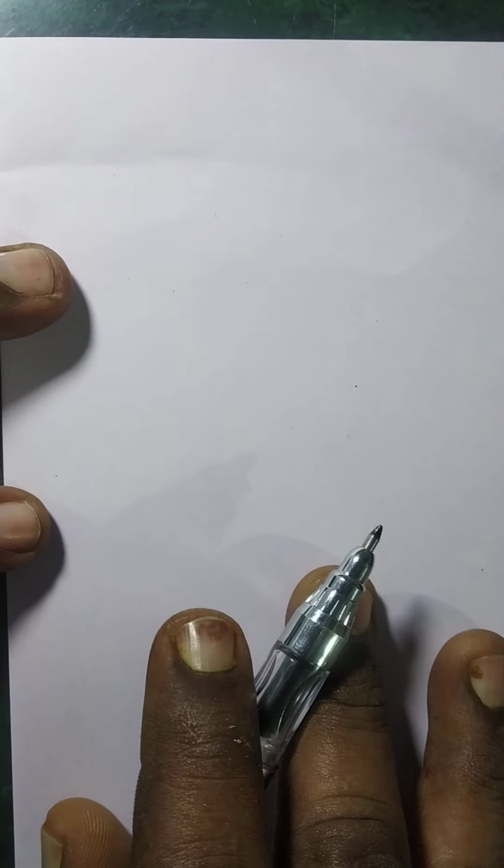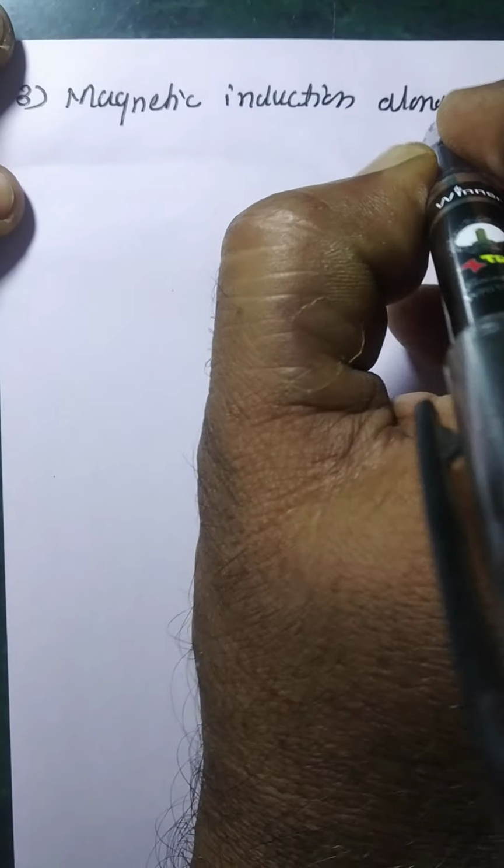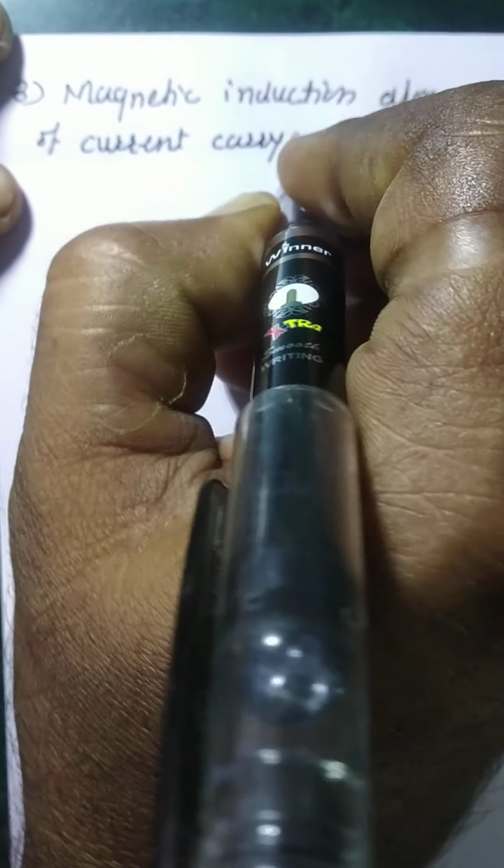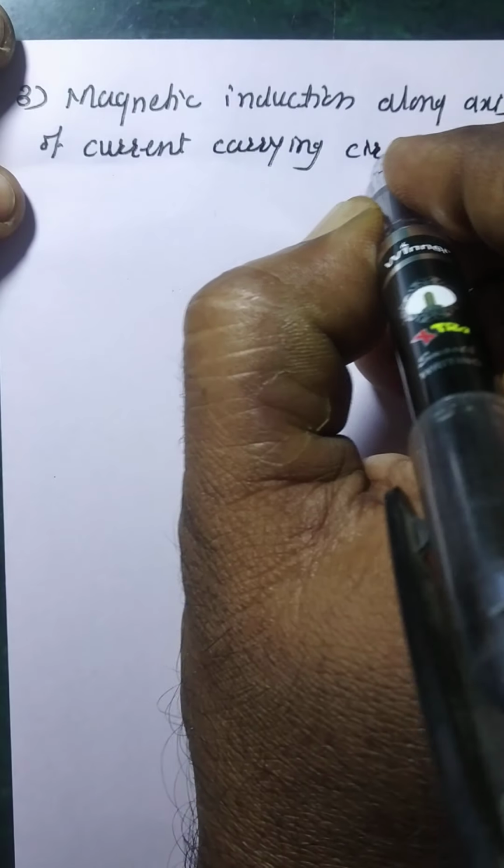Magnetic induction, third one: magnetic induction along axis of current carrying circular coil.